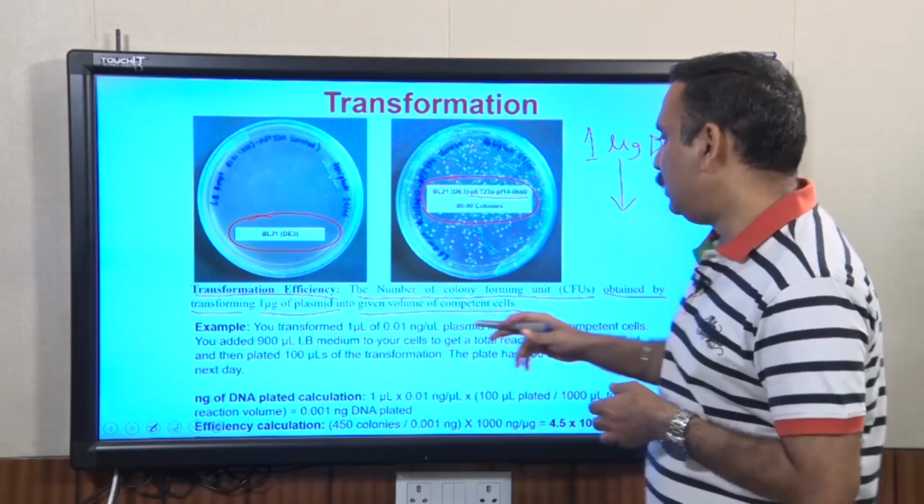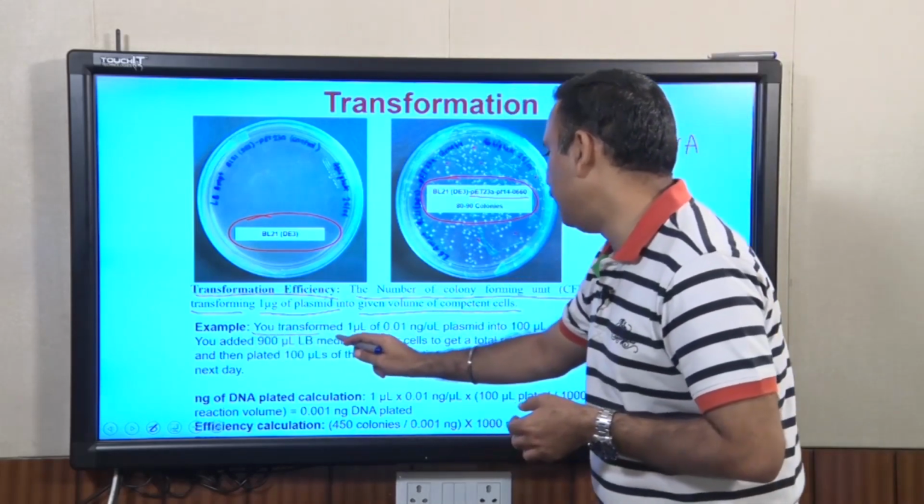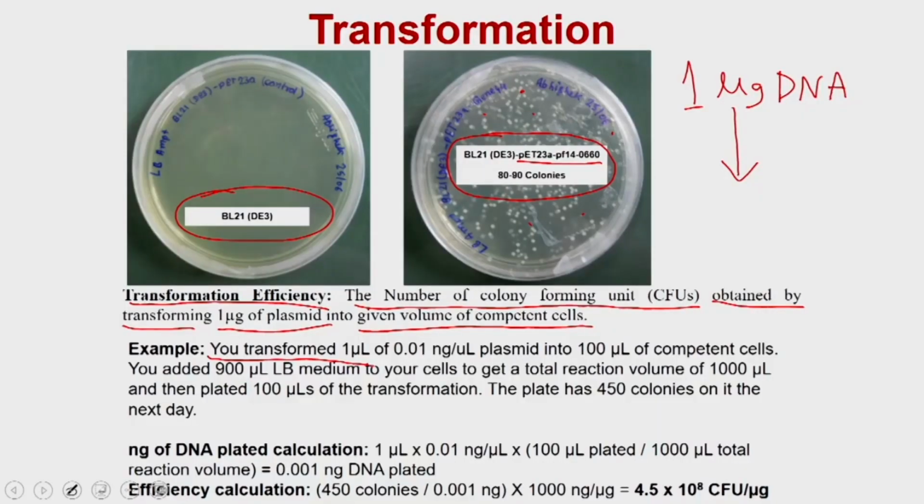Suppose you have transformed 1 microliter of 0.01 nanogram per microliter plasmid into 100 microliter of competent cells. After the heat shock you have added 900 microliter of chilled LB media to these cells, and the total reaction volume is 1000 microliters.